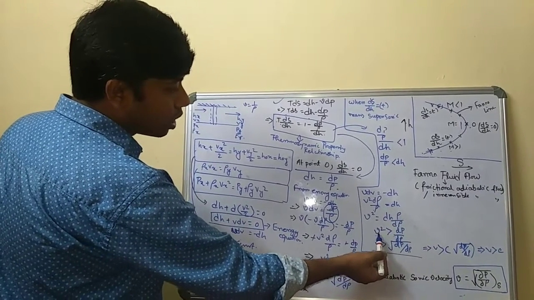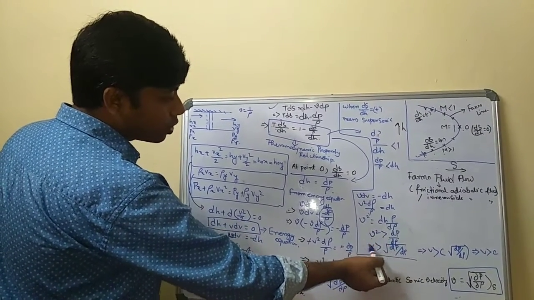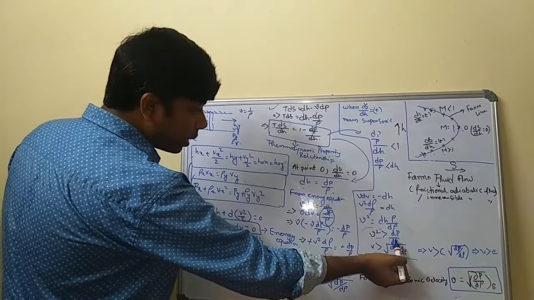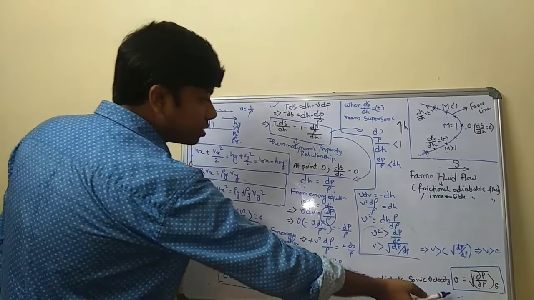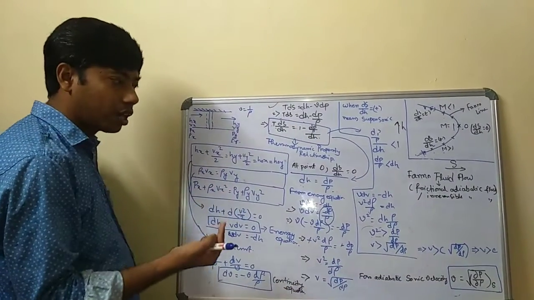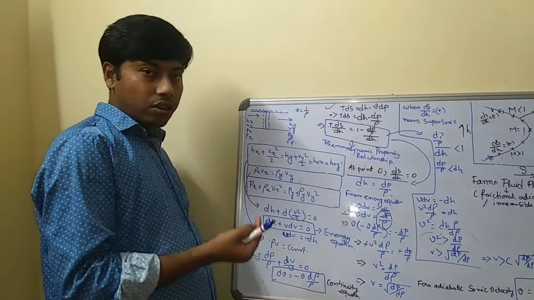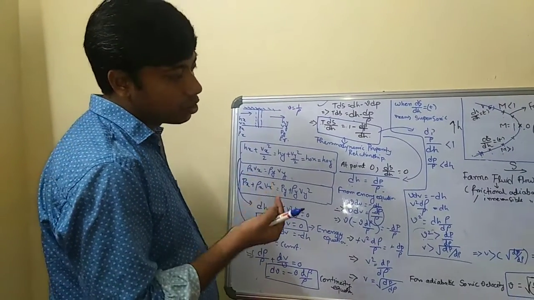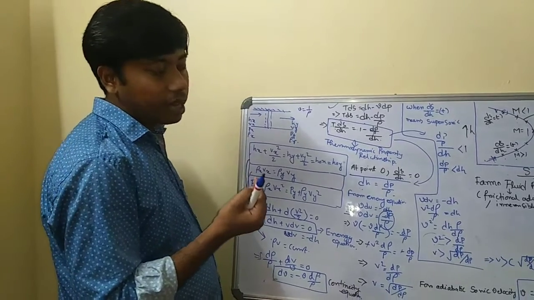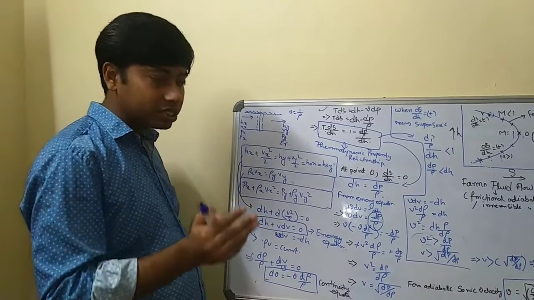So v square should be greater than dp by d rho, because when the Mach number is 1, or ds by dh is equal to 0, at that condition v should be the square root of dp by d rho at constant s.